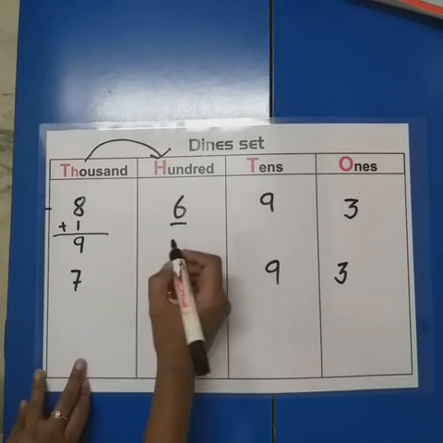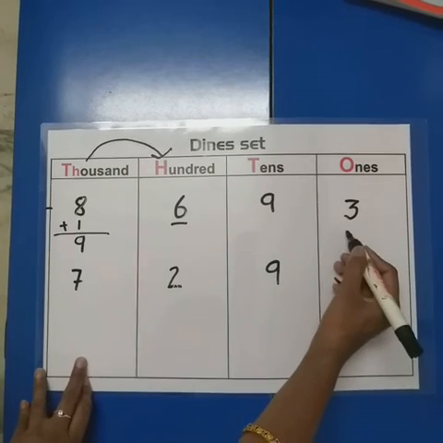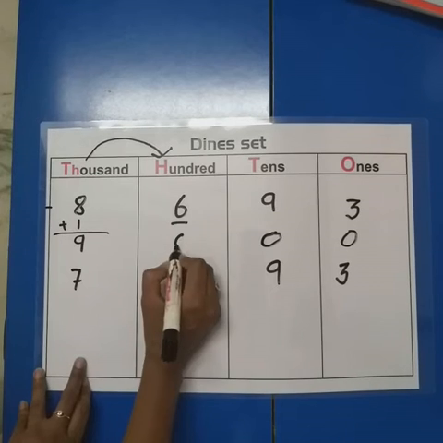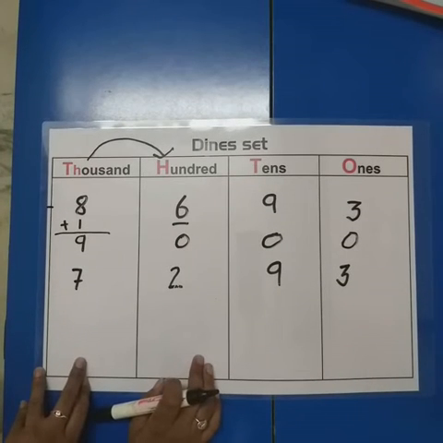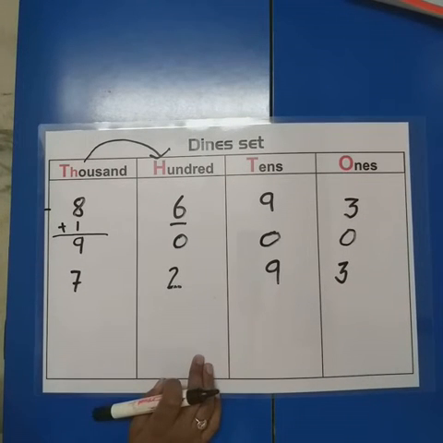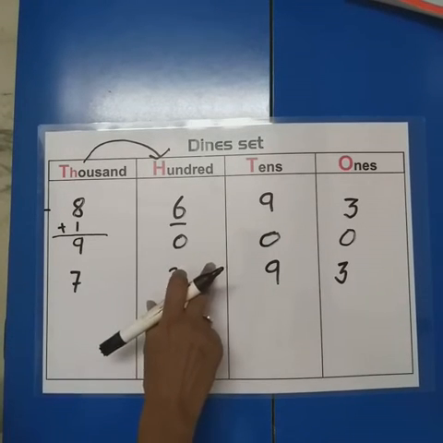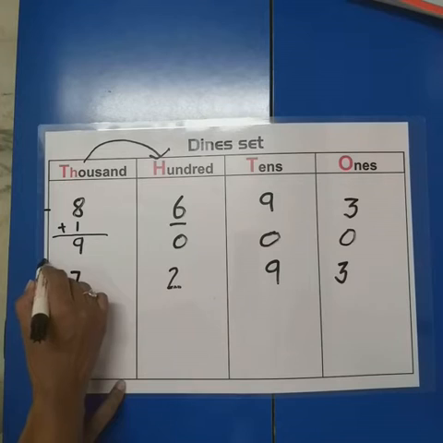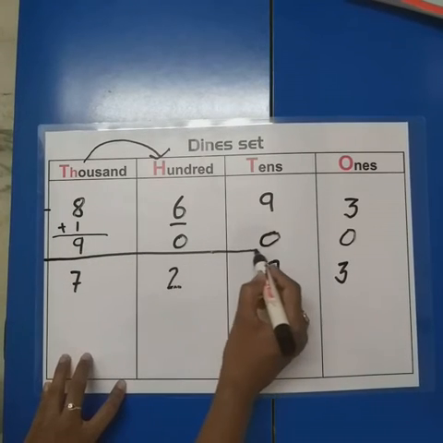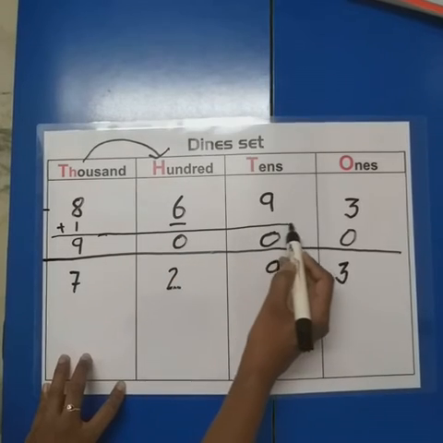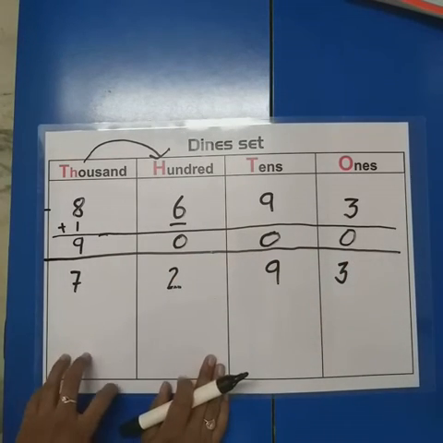And at the remaining places we will put 0, 0 and 0. The estimated, that means rounded off, number is 9000. This is our rounding off to the nearest thousand.